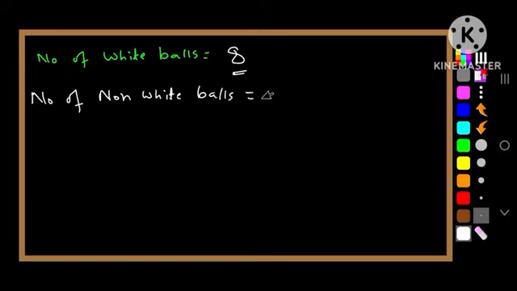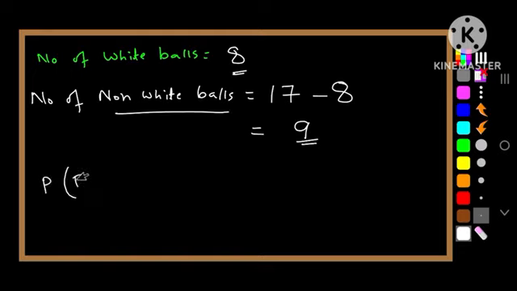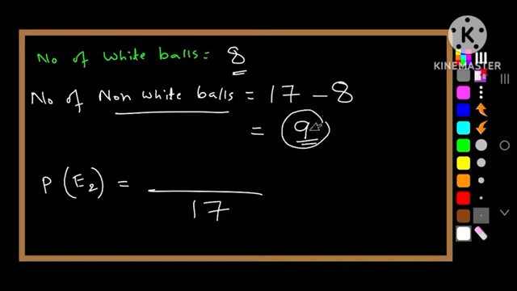That is the total 17 balls minus 8 white balls. So if you subtract, you will get 9. So these are the 9 non-white balls. Now we have to find the probability. If we consider this E2 event, a second event, the total is 17 balls, and the number of non-white balls is 9. So the probability is 9 by 17. So this is our answer.